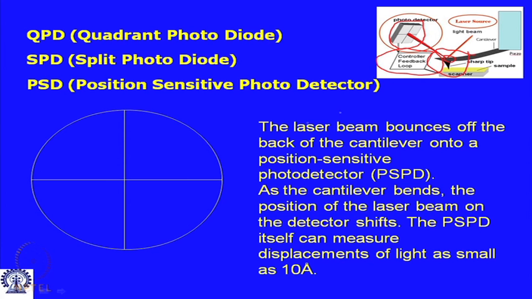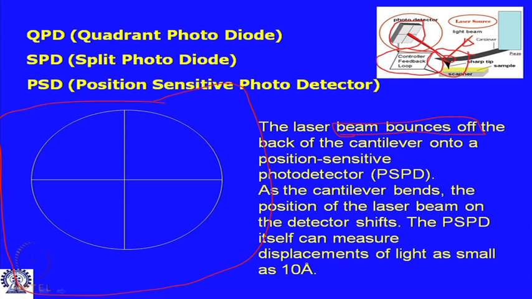Here is a little enlarged view of the photodetector, the QPD or the position sensitive photodetector. Essentially, you now know that the laser beam bounces off the back of the cantilever onto the position sensitive photodetector.